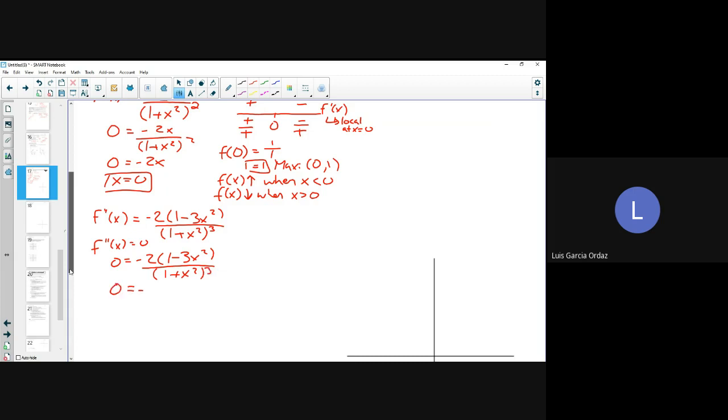I get 0 is equal to negative 2 times (1 minus 3x squared). Divide both sides by negative 2. I still get 0 is equal to 1 minus 3x squared. I get 3x squared is equal to 1. x squared is equal to 1 over 3, which means that x is equal to plus and minus 1 over root 3.